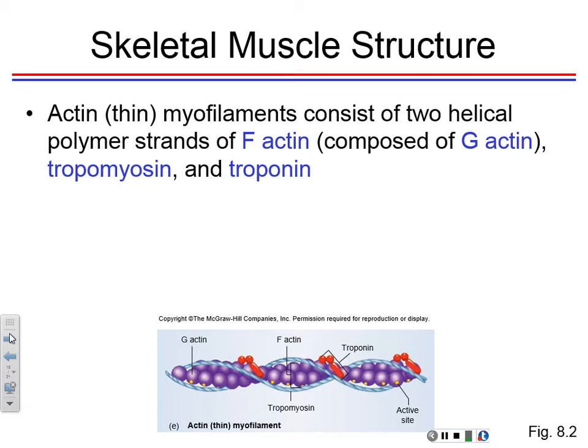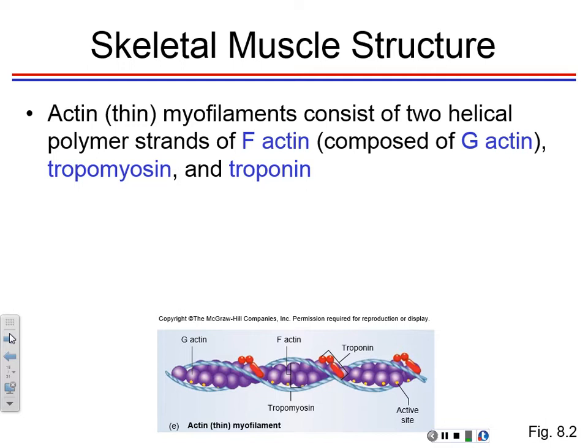Well, it's a helical protein of globular subunits wound around with the tropomyosin right there, covering the binding sites attached by troponin. Right? And then we just said the F actin is that string of pearls or beads twisted around each other, and it forms a nice helical fiber.